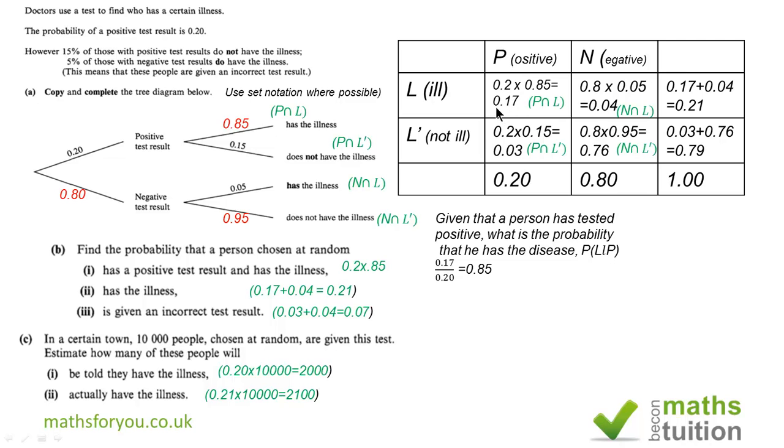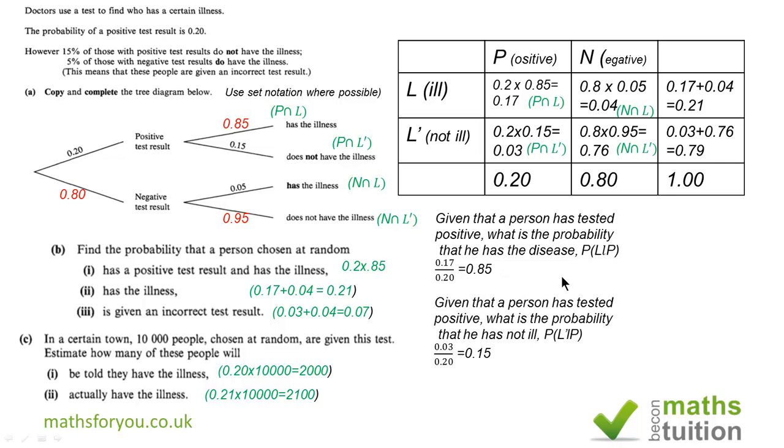And if you test positive, the probability that you will be ill will be 0.17 divided by 0.20, and that's 0.85. On the other hand, stay with the positive sample space. If you test positive, the probability that you do not have the illness is going to be 0.03 divided by 0.20.